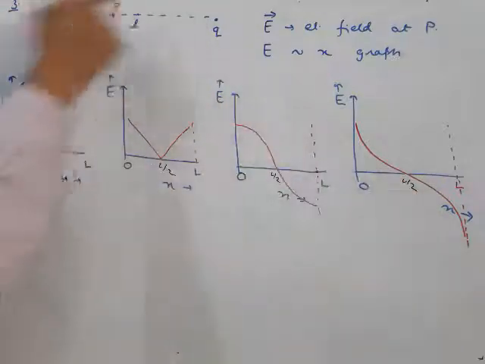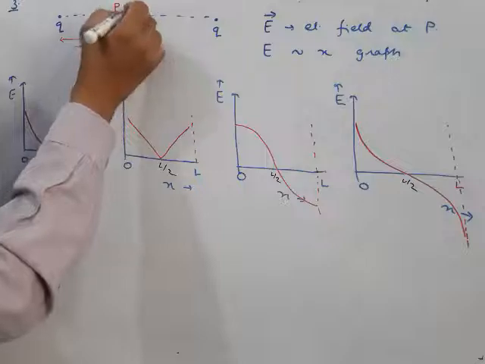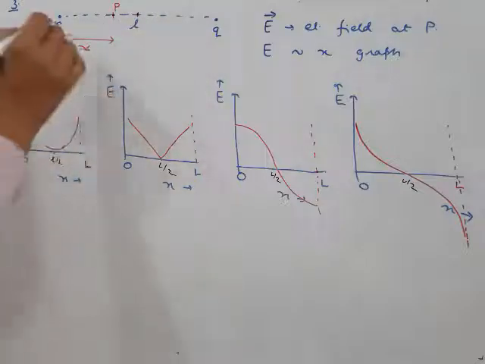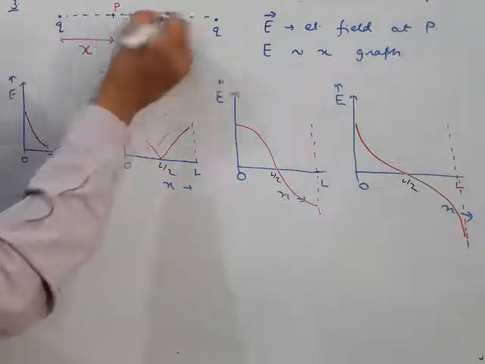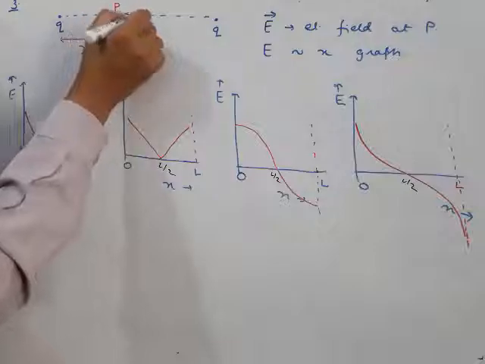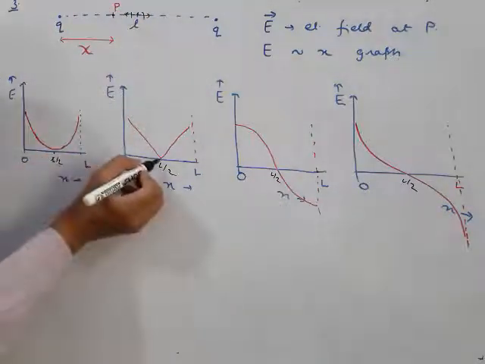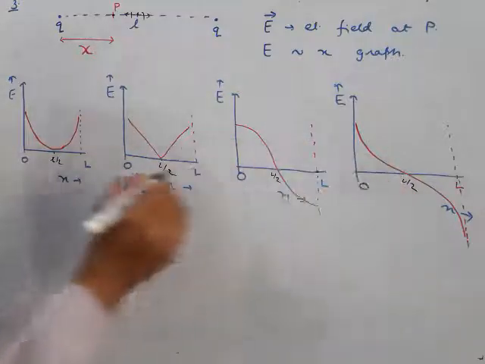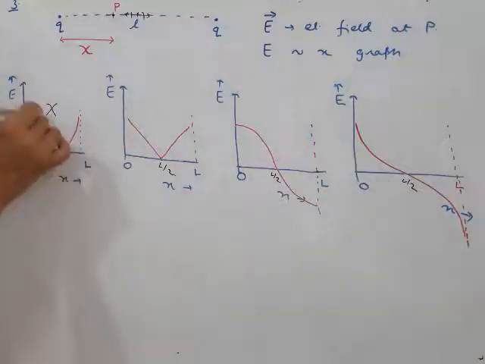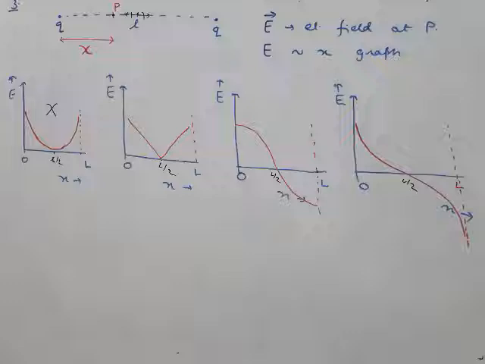At the midpoint of this line joining the two charges, the electric field must be 0. Because this charge will have an electric field, this charge will have an electric field, both of them will have the same magnitude and opposite direction. It is 0 here, 0 here, 0 here, but it is not 0 here. That's why this option is not correct. It is slightly above the x-axis.